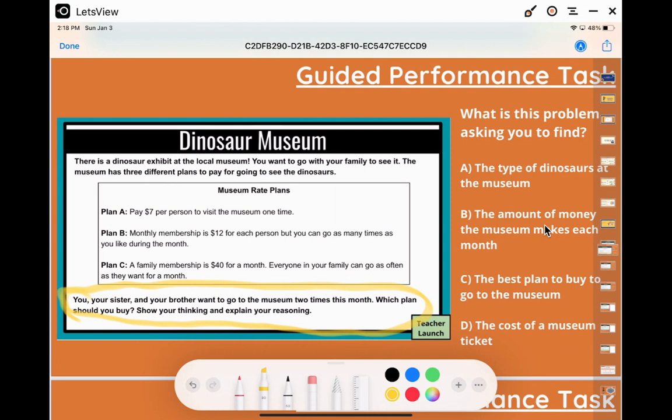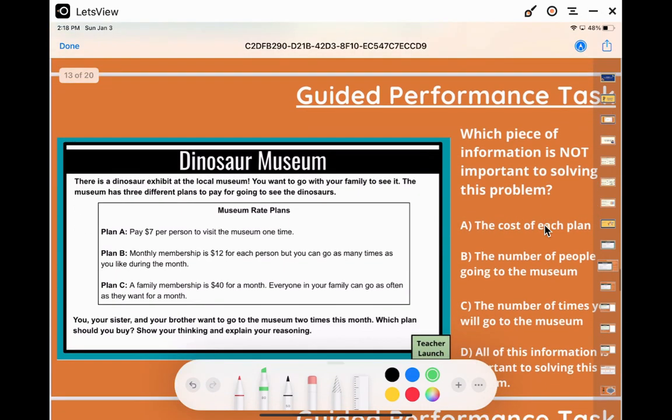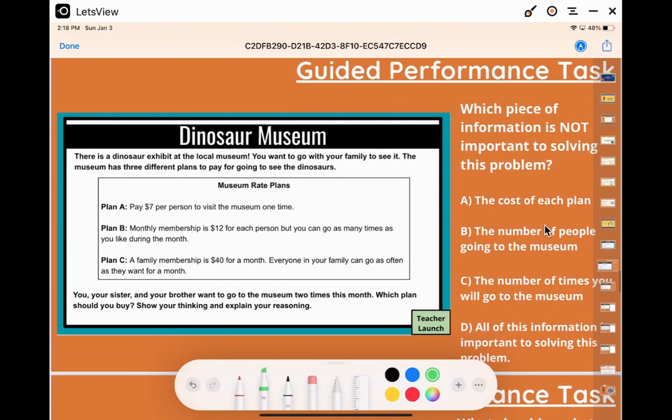And so, what is the correct answer here, guys? This problem is asking us to find the best plan to buy to go to the museum. The correct answer here was C. So let's dive in, guys, remembering that we want to find the best plan to go to the museum.